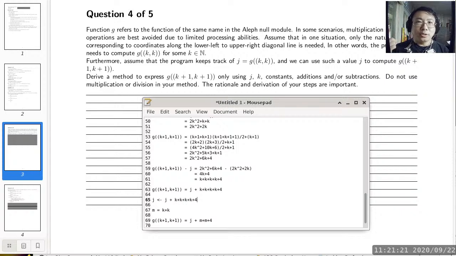In order to get to the next pixel, which is k plus 2, I basically just have to repeat this calculation. This way we can get to g of k plus 2, g of k plus 3, and so on. As long as I'm only interested in pixels along that particular diagonal line, I don't need to use multiplication whatsoever.